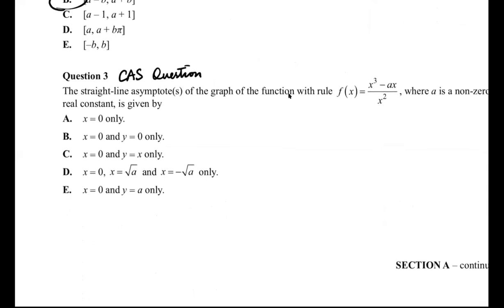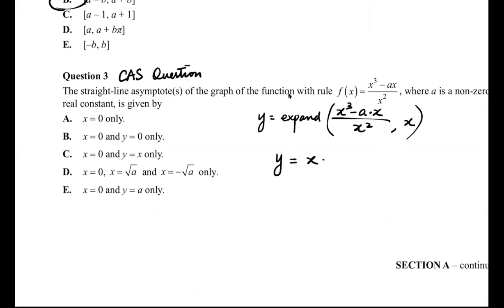Question 3 is also typically a CAS question. So you can use y equals expand. And then just throw everything f of x into the bracket, comma x. And you should be able to get something like y equals x minus a on x, okay?